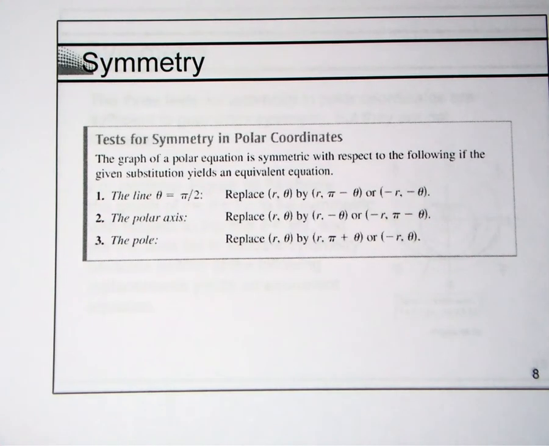Some tests that you can do, and you can try to remember these, but we'll even get easier than this in a little bit. If you replace the r and theta with r and pi minus theta, or negative r and negative theta, and it comes out as the same thing, then it's going to be symmetric with that line theta equals pi over 2.